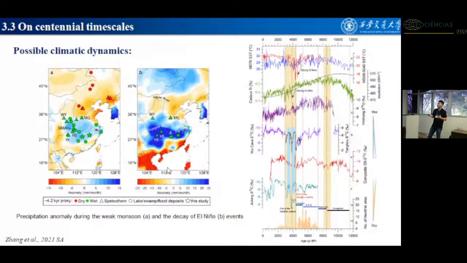From the Holocene record, around 4.2 thousand years ago, the monsoon intensity decreased, so South China was wet. Also, at this time the SST from the Western Pacific shows large variability, meaning El Nino activity frequency was very high. So both the weakened monsoon and increased El Nino resulted in this extreme flood during this period.